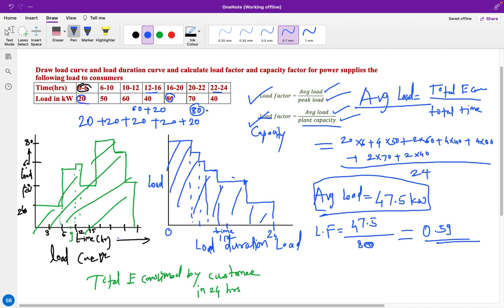So we have to add a reserve capacity to that power plant. Here we can use 20 kilowatt of reserve capacity. We add 20 kilowatt to the maximum requirement, 80 plus 20, which is 100 kilowatt. So the total capacity of that power plant must be 100. So that is the part.